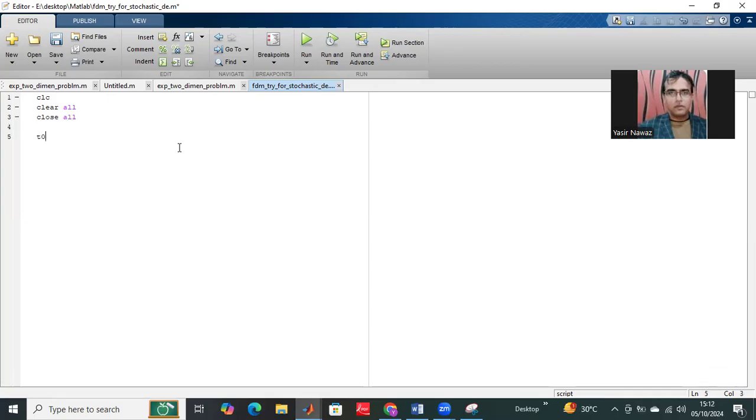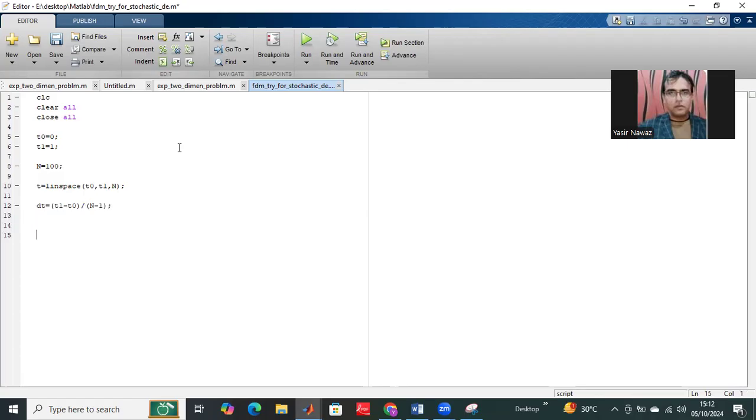And then the starting point of the domain, suppose at 0, and the end point of the domain is maybe 1, and the number of points is 100. t is linspace t0, t1, and number of points, and dt is (t1 minus t0) over n minus 1.